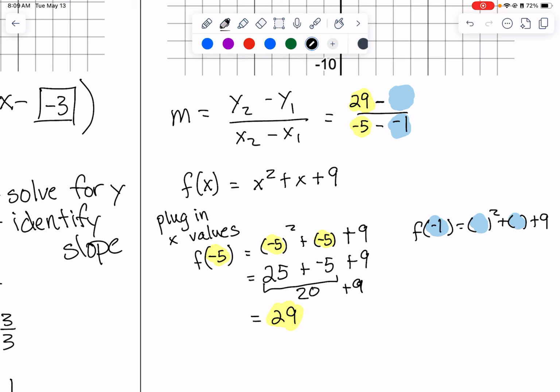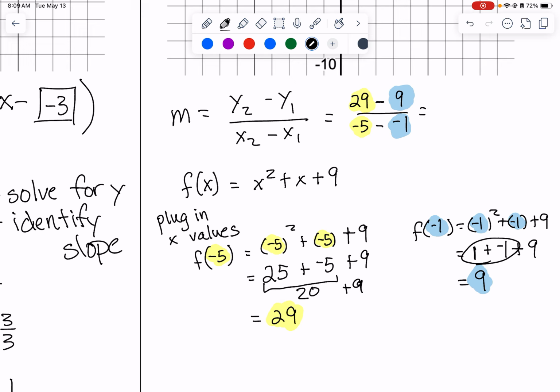So f of -1 becomes -1 squared plus -1 plus 9. -1 squared is 1, plus a -1, that's going to make a 0. So those make a 0, and we'll be left with 9. So that 9 is our other y value here.